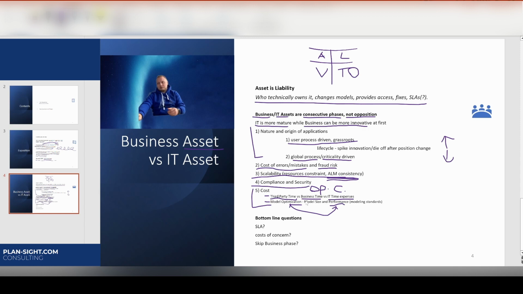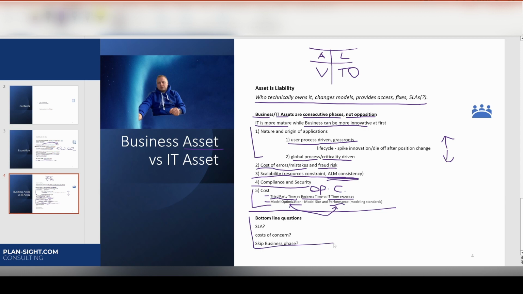But after that, be careful when you're comparing the business time and the IT time expenses. So these would be the 5 points that give you more areas for analysis when you try to find the answer to having it as a business asset or an IT asset.